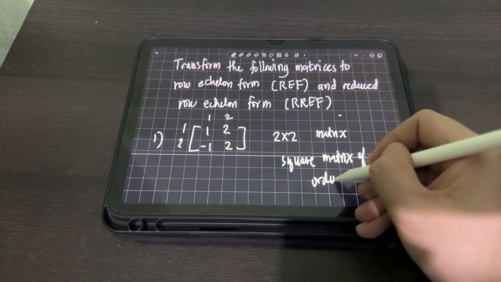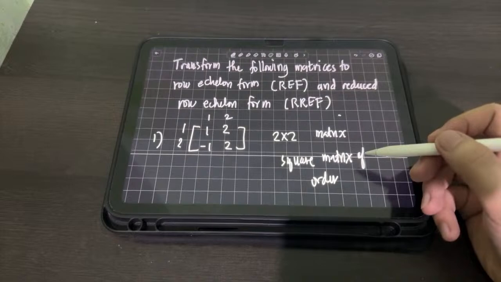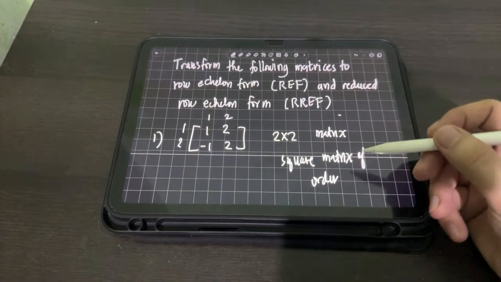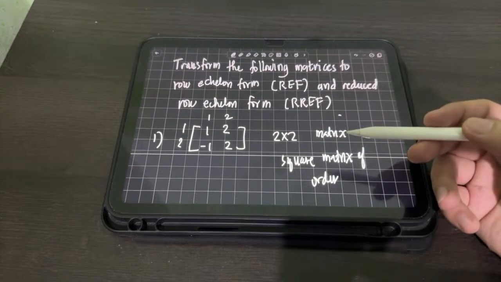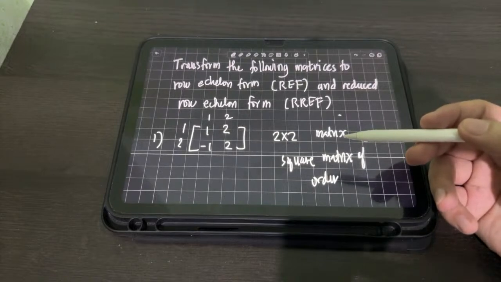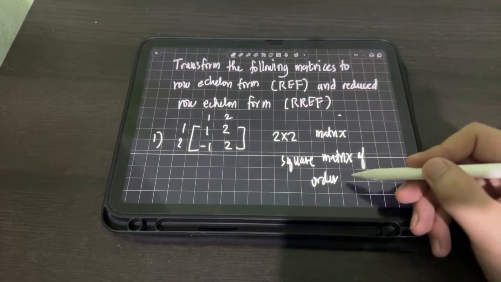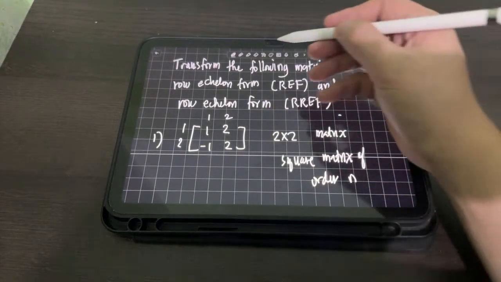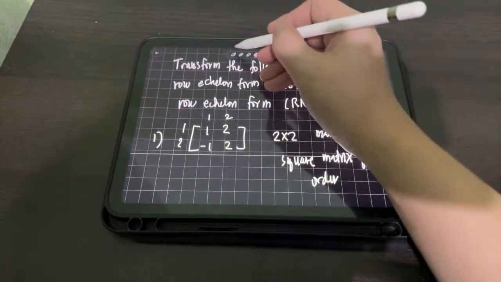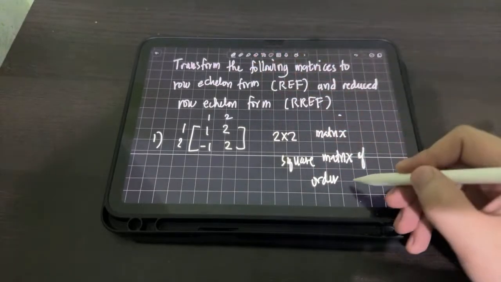I already have an introduction about some concepts on matrices also in the previous video, which is entitled row echelon form and reduced row echelon form of matrices. So you can watch that also. Of order n, the n is 2, right? Because it is a 2 by 2 matrix.